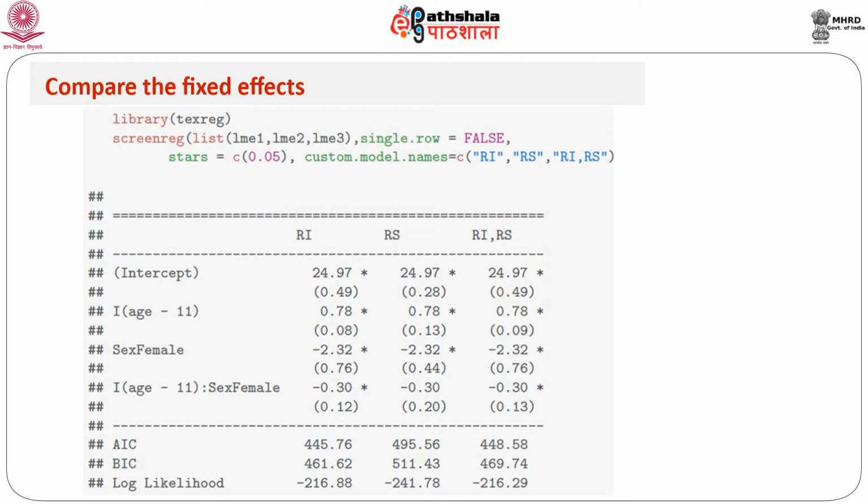A nearby value of the AIC is the random intercept random slope model, similar for BIC, similar for log likelihood, but the random slope model is definitely not the best one.